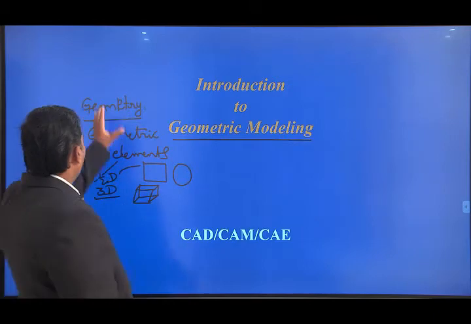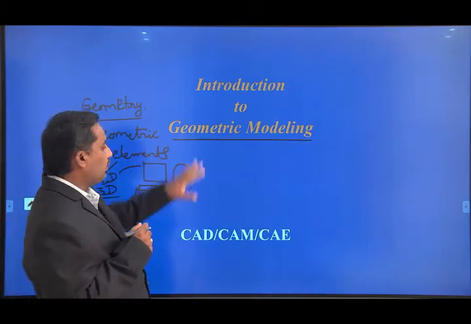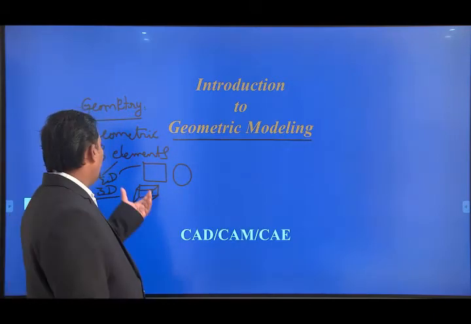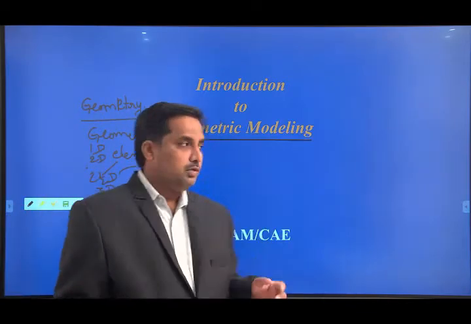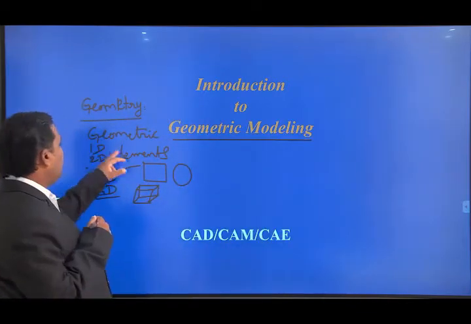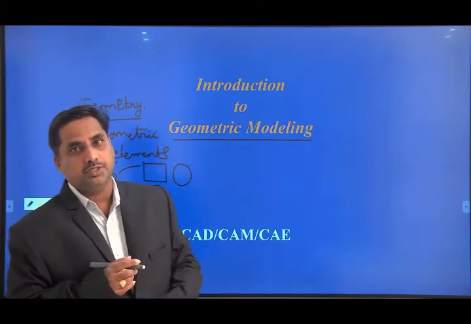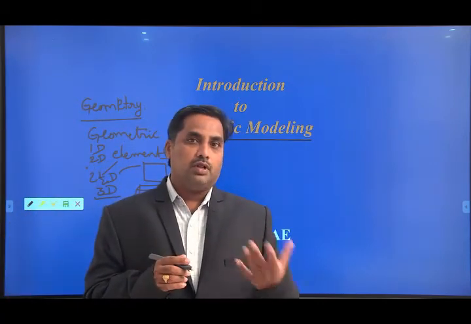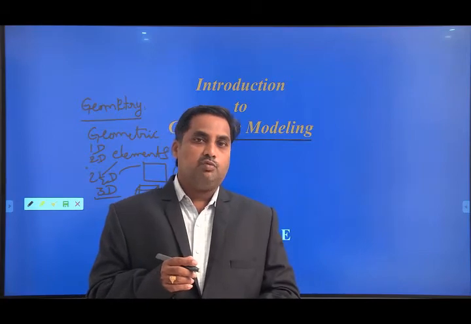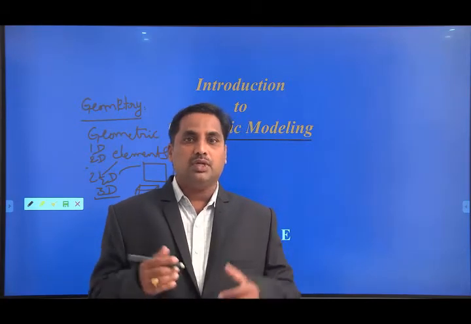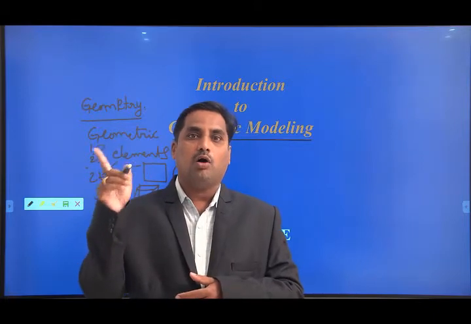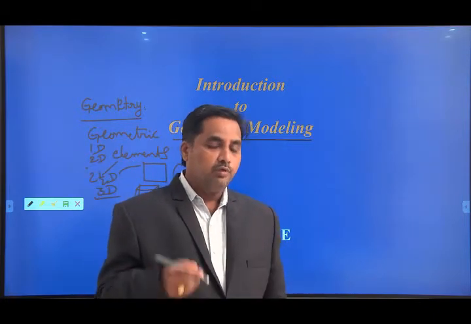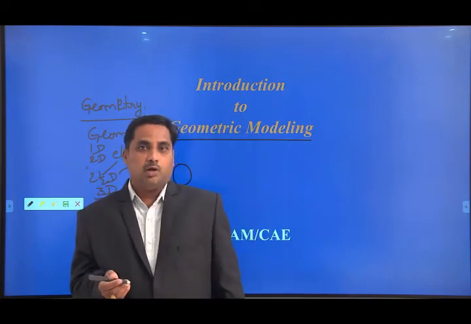How to model these geometric elements, that we can learn in this unit, not only model but also create the object. Modeling of an individual element is very easy. But here we have to learn to assemble the different geometric elements to get the final geometrical object. Why?